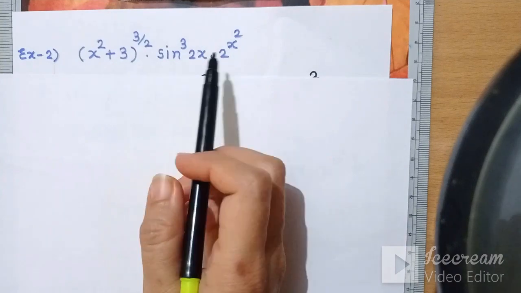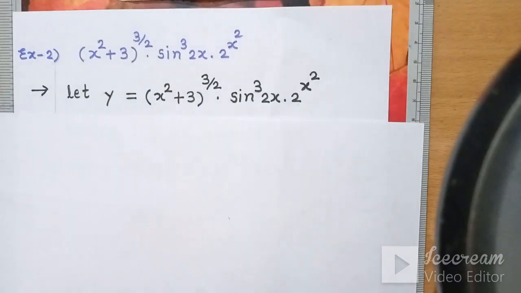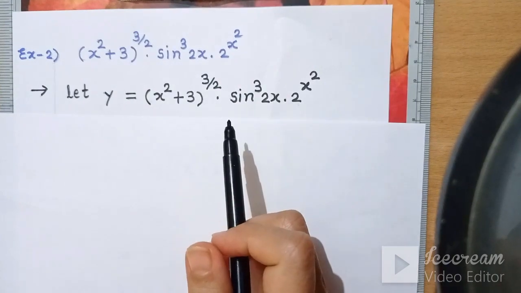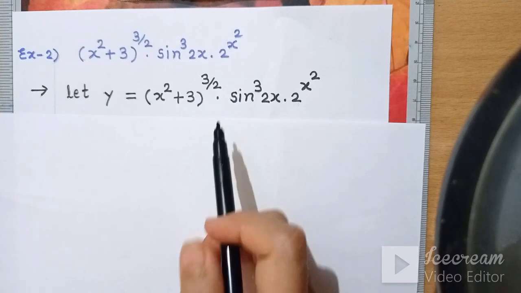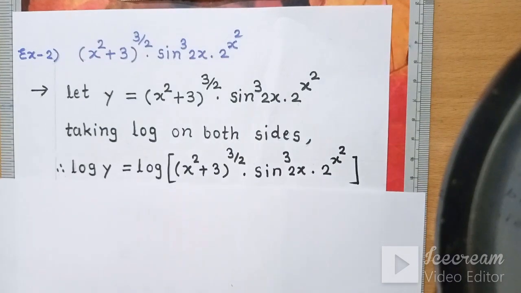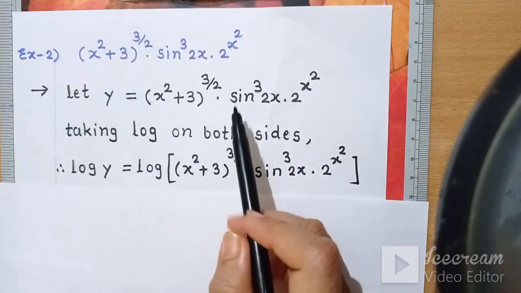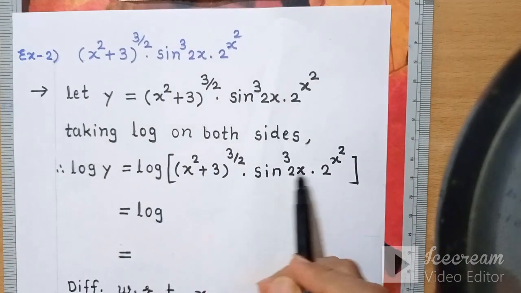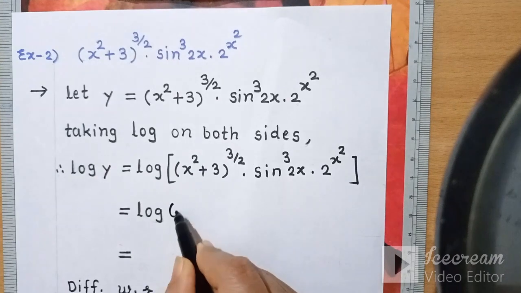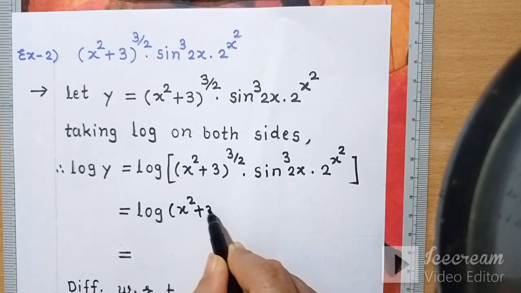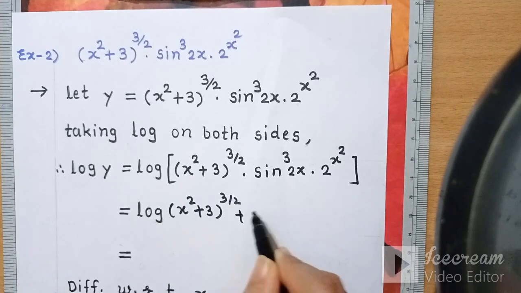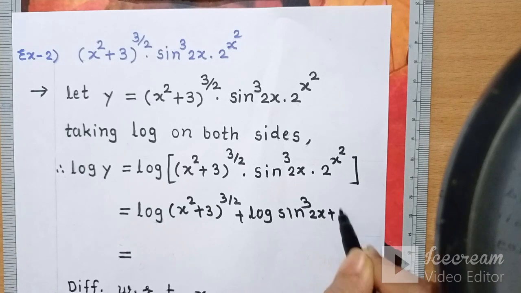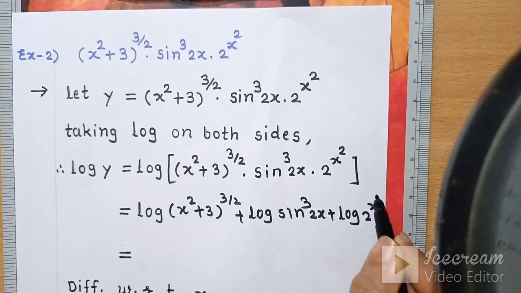Now let's solve the second example, and our first step is this. Here we can observe three functions in multiplication, so we will use logarithmic differentiation. Taking log on both sides, log of the left hand side equals log of the right hand side. Since these three terms are in multiplication, there is addition of logs: log of (x square plus 3) raised to 3 by 2, plus log of sine cube of 2x, plus log of 2 raised to x square.